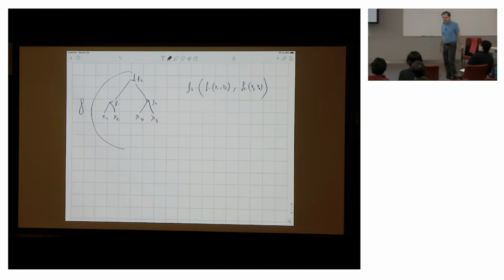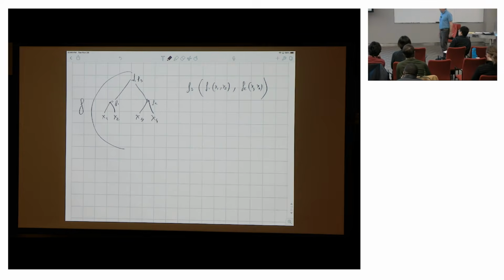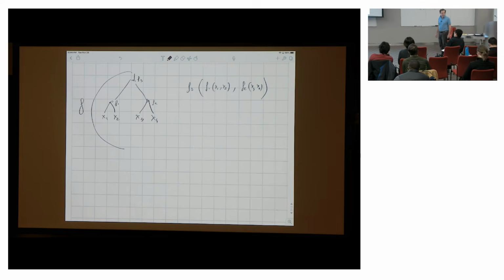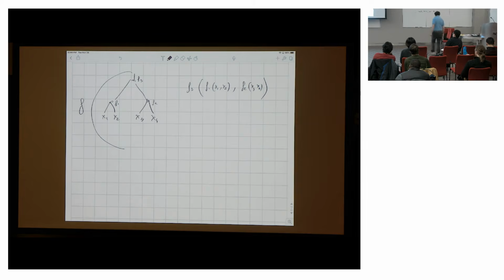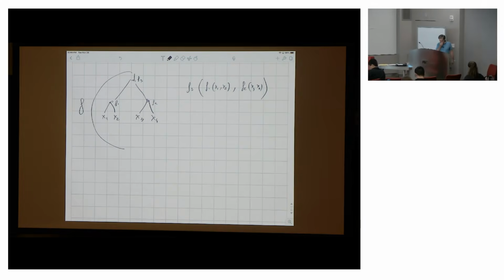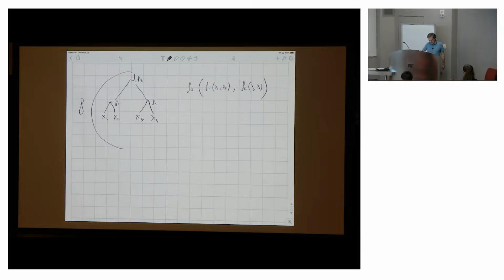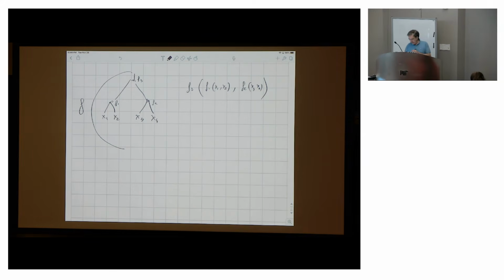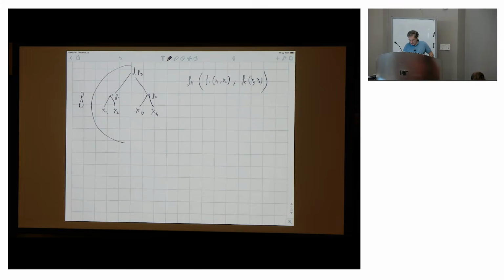So the whole f is a function of 4 variables made up of composing functions of 2 variables. Does it make sense? Okay.